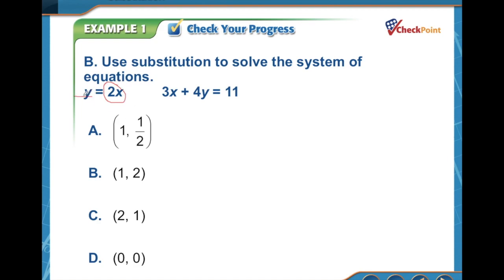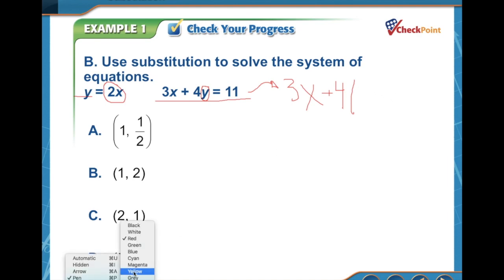So I know y is the same thing as 2x. So everywhere I see a y, I'm going to write 2x in this equation. So I circled the two things that are about to change. This y is going to become a 2x because it's the same as y given in the first equation. So this equation, I can actually say is the same thing as 3x plus 4 times, and what is y the same as? 2x.